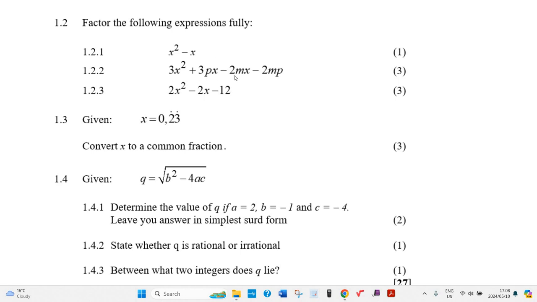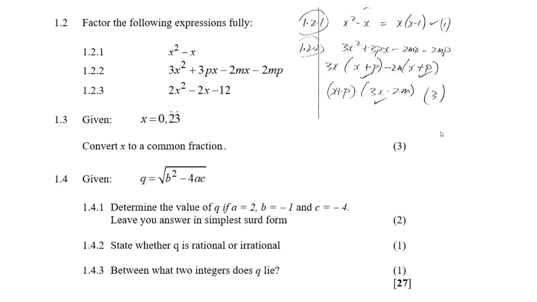This one here, you look right here and you factor it, seeing there's 3x in both, and there's a 2m in both here. So let's take a look at the memo right here and we can see what we're doing. The 3x comes out of here, times (x plus p), but here it's a little bit tricky. Minus 2m times x gives me that, but minus 2m times plus p will give me minus 2mp.